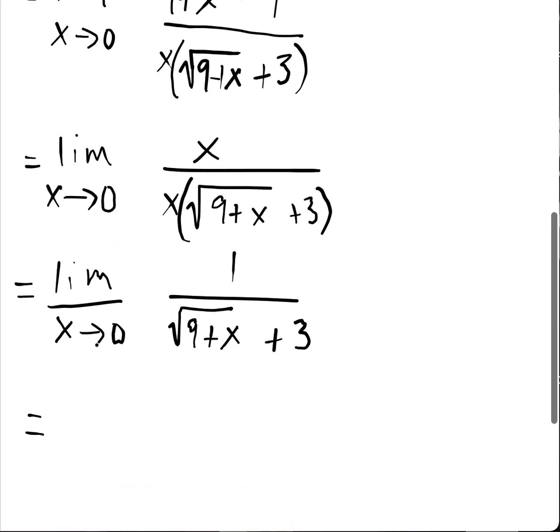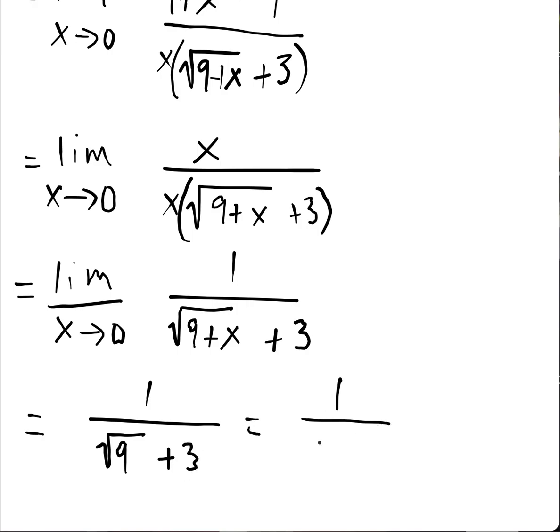So at this point I can substitute x for 0 and not have to worry about having an undefined result. So if I put a 0 here, I get a 9, root 9 left over. This ends up being 1 over 3 plus 3, and the answer works out to be 1 over 6.